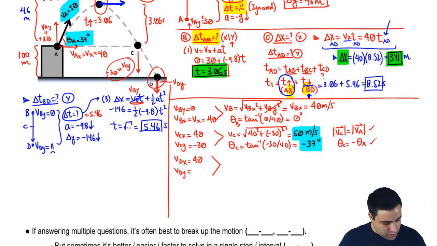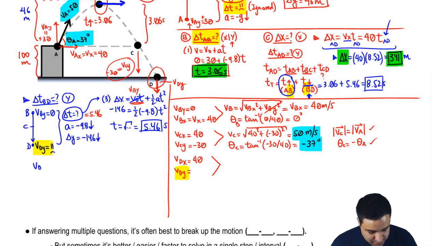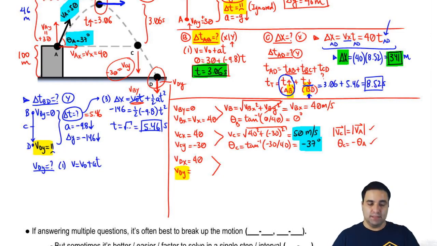So let's go and look for VDY, which is this guy over here. I can simply use the first equation, v final equals v initial plus at. We're on the y-axis, and the initial velocity there is 0. And I can just plug in these numbers, negative 9.8.